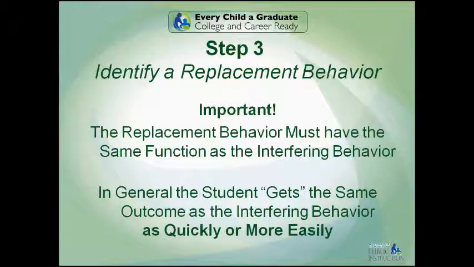Sometimes instead of saying antecedent, behavior, consequence, I use the term antecedent, behavior, outcome. Because what is the outcome of a child's behavior? Do they get away from the thing? Do they get the thing? What are they accessing? Are they feeling a feeling? Whatever the replacement is has to provide that same function.